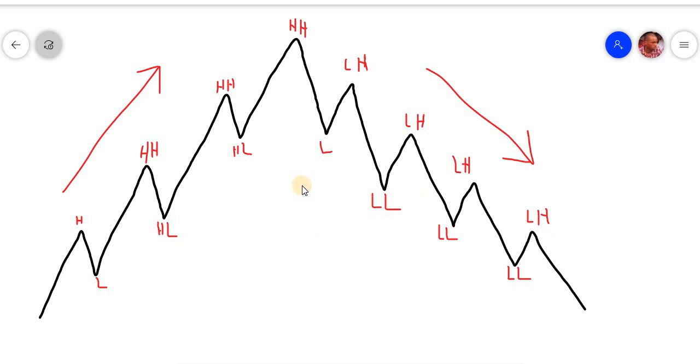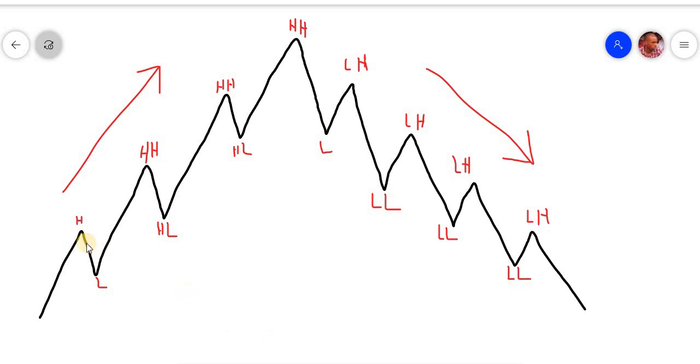At what point does the price structure change from higher highs and higher lows to lower highs and lower lows? That's what we're trying to look at. An uptrend continues when a new higher high is formed.